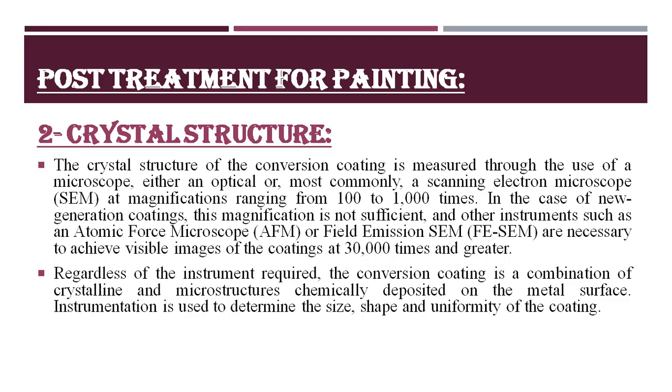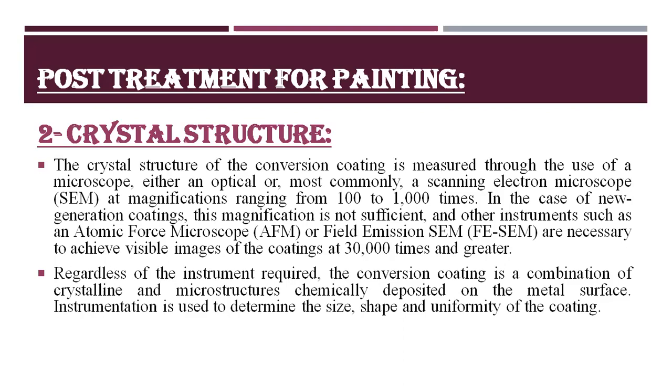Second is crystal structure. The crystal structure of conversion coating is measured through use of a microscope, either an optical or most commonly a scanning electron microscope, at magnifications ranging from 100 to 1000 times.